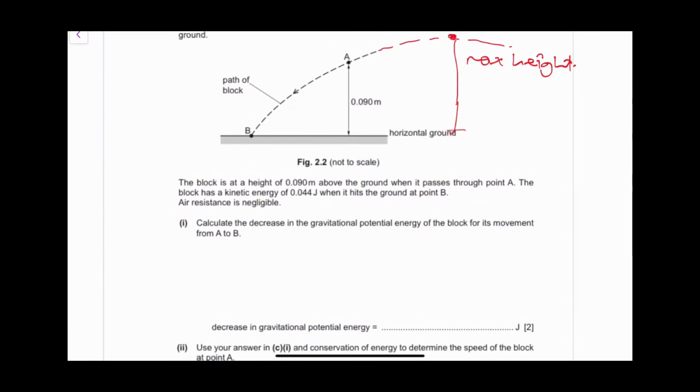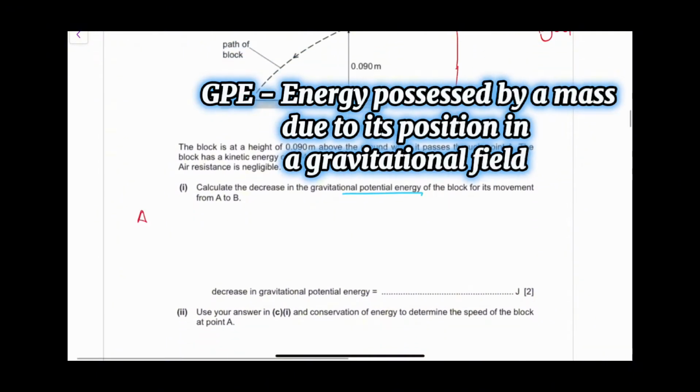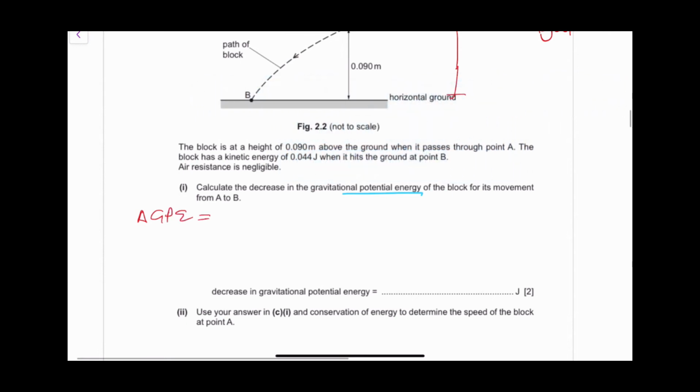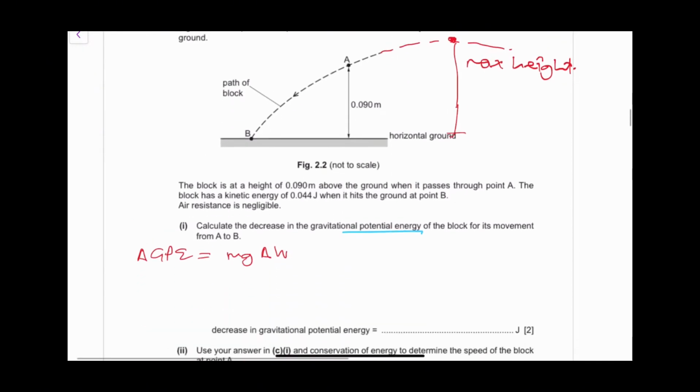The first thing, I always say, is state the formula. Whenever I see this question, I think of one formula because the question has told me about gravitational potential energy. The formula that must come to mind is delta GPE equals mg delta h. This is a very important formula that you must know firsthand. What is the weight of this block?